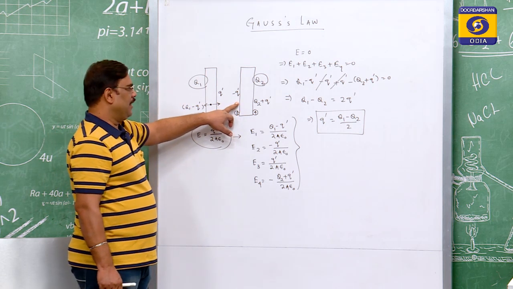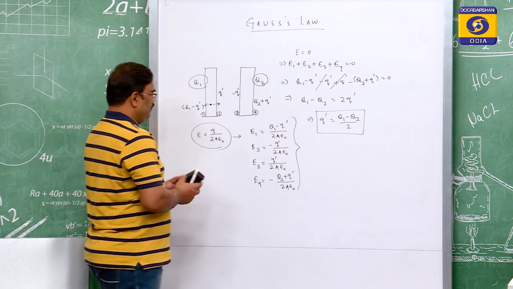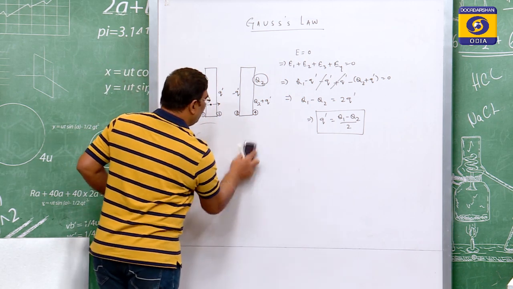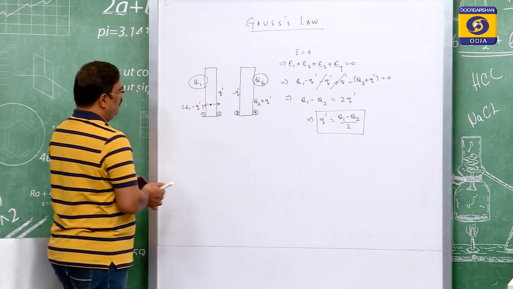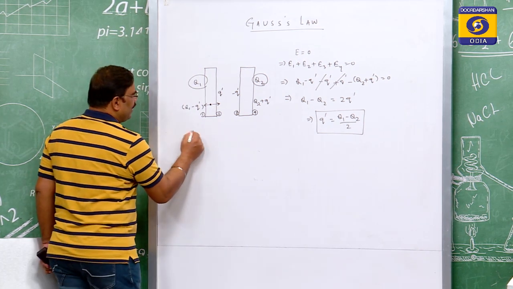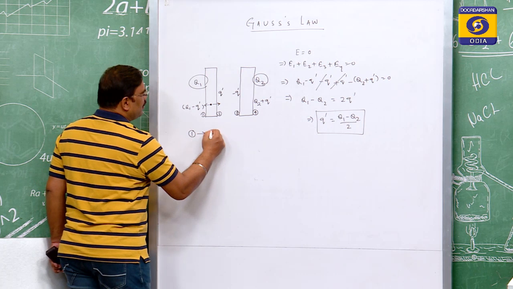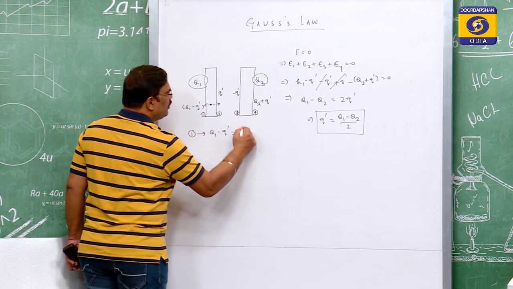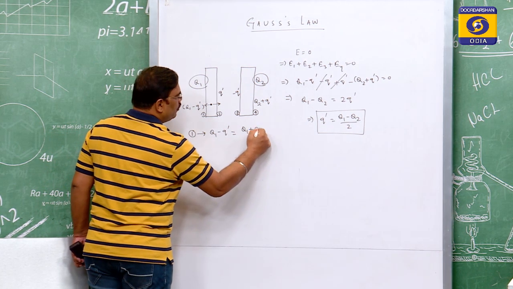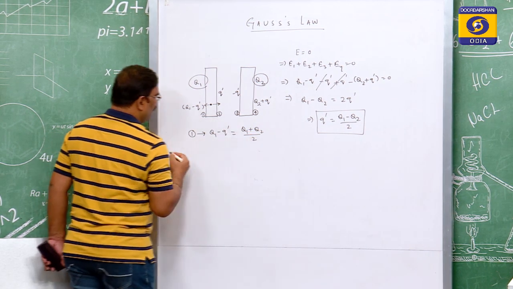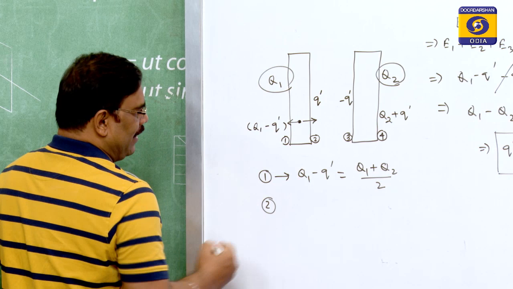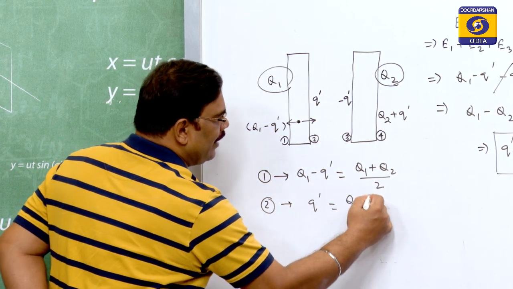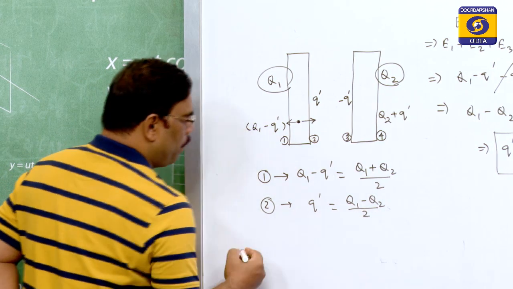Now, if we write the charges on each face, the first face will have a charge of q1 minus q dash, which is q1 plus q2 by 2. The charge on the second face is q dash, which is q1 minus q2 by 2.